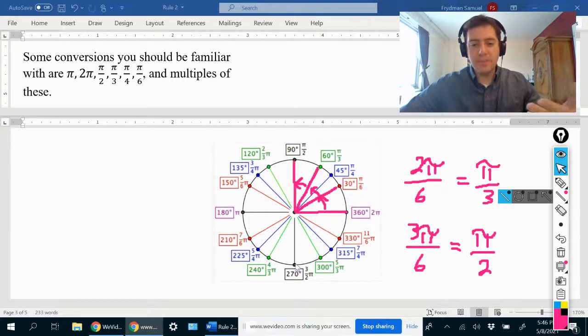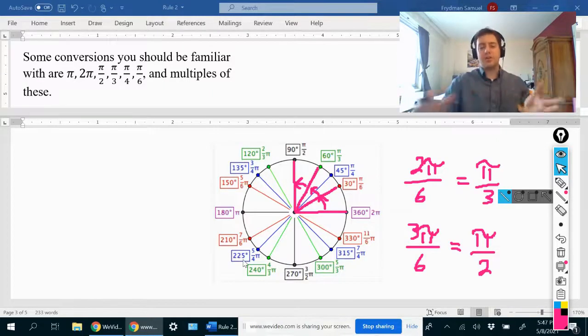What are we at now? 9 pi over 6, 9 over 6 reduces to 3 over 2, 10 pi over 6, 10 over 6 reduces to 5 over 3, 11 pi over 6, you can't reduce that, 12 pi over 6, all right, 12 divided by 6 is 2, so that's the same as 2 pi. That's counting by pi over 6 for the radians, or we could do the same thing counting by 45 degrees: 90 degrees, 135 degrees, 180 degrees, 225 degrees, and so on and so on. All right, so you can just keep going around the circle that way.